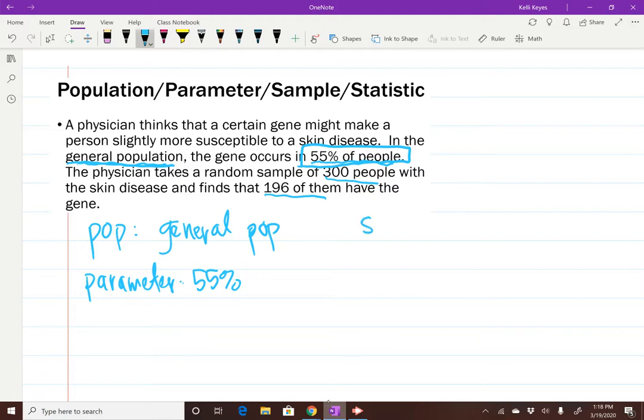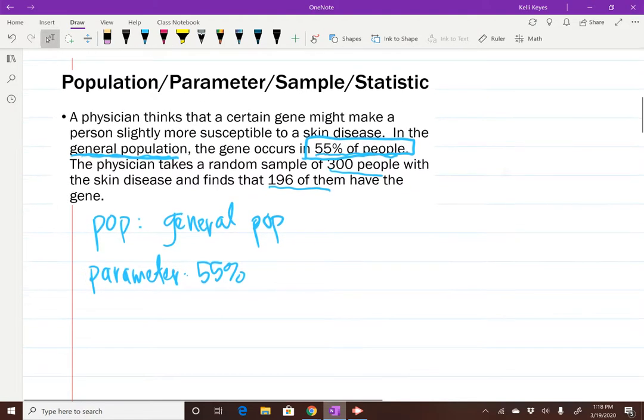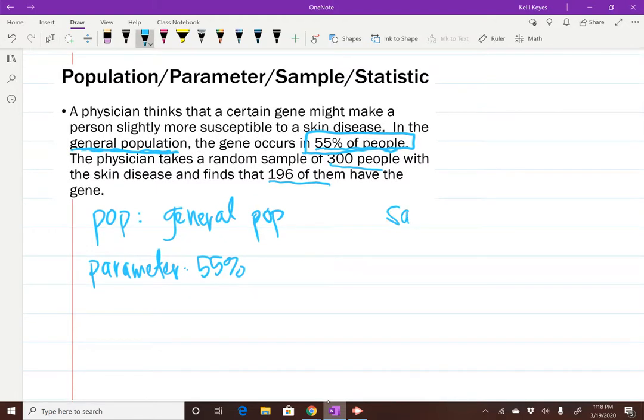And then our sample and then statistic, my bad. Got the order mixed up. Okay, sample and then statistic.